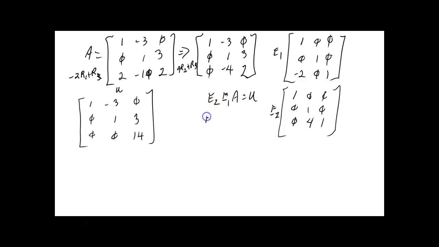So then we'd have E1 A is equal to E2 inverse times U. And then we would multiply by E1 inverse, and that would give us A is equal to E1 inverse E2 inverse U. It flips them around. Right. 2, 1 to 1, 2.